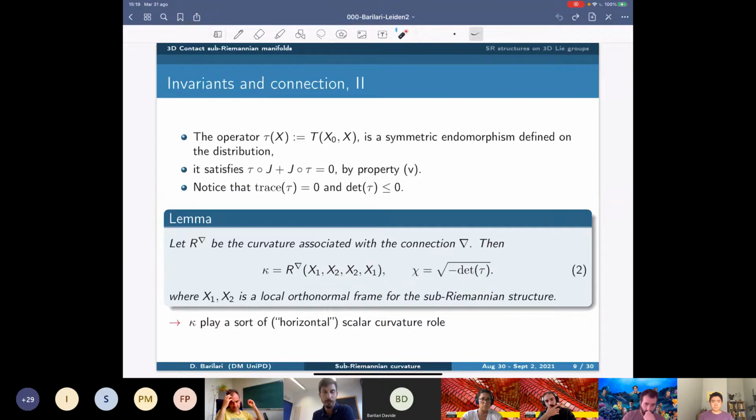So this is just another way of seeing the same invariance. This kappa can be seen as a kind of horizontal scalar curvature, if you wish, because the horizontal space has dimension 2, so this is the unique sectional curvature.